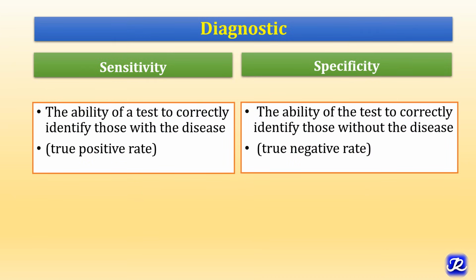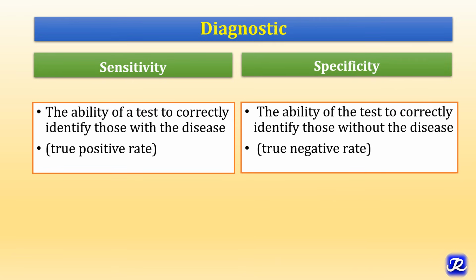So what is diagnostic sensitivity? It is the ability of a test to correctly identify those with the disease, meaning the patients who have the disease, and if a test is able to diagnose that, it is called sensitivity. It shows us the true positivity, that is, it is the indicator of the true positive rate.